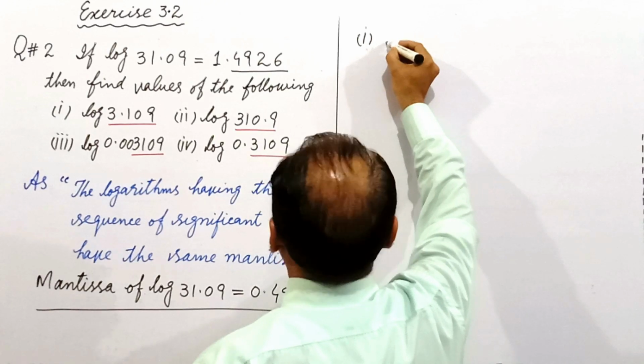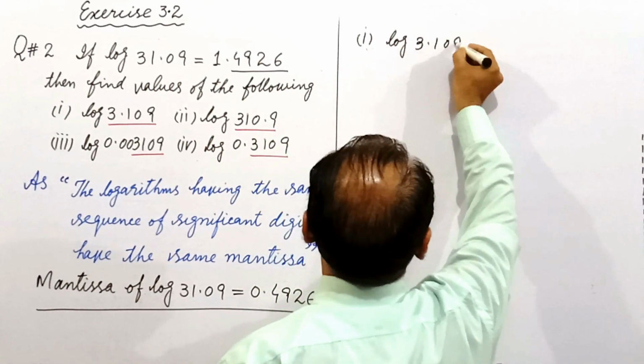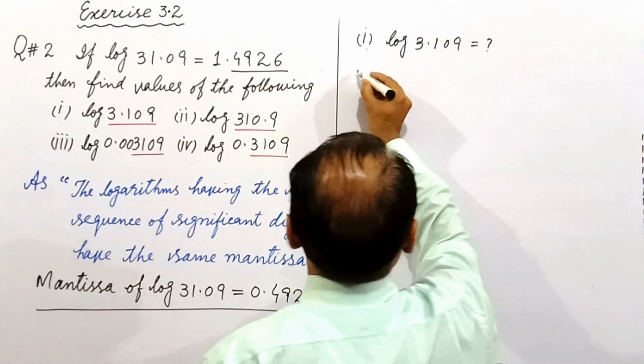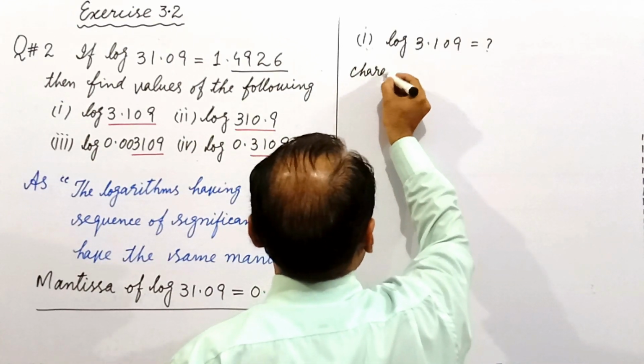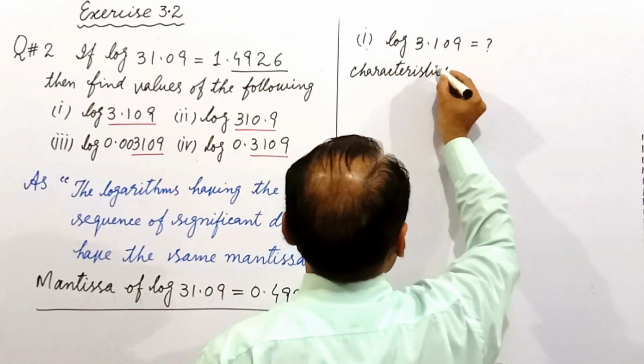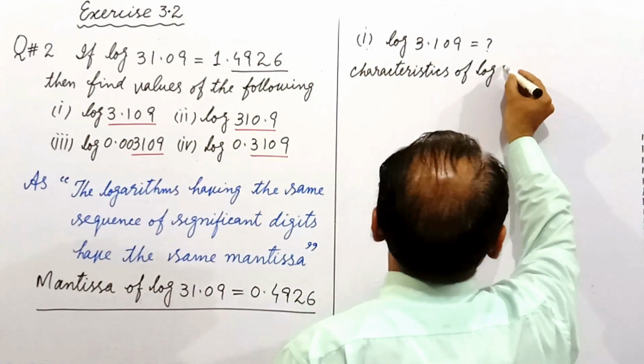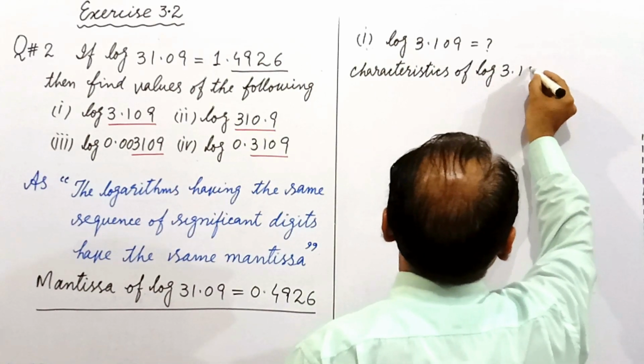In part 1, we are required to find log 3.109. It means we have to find the characteristic of log 3.109.